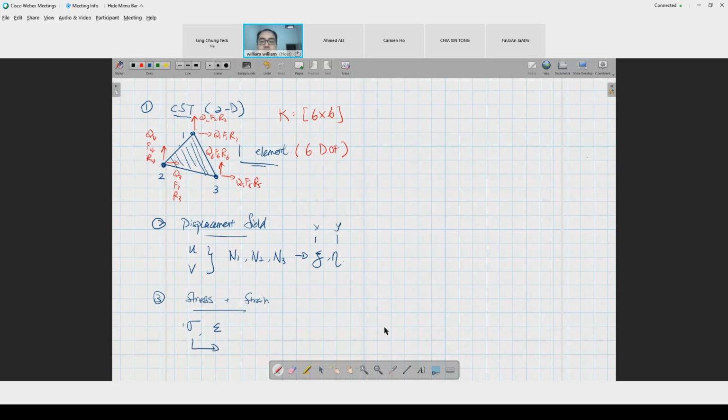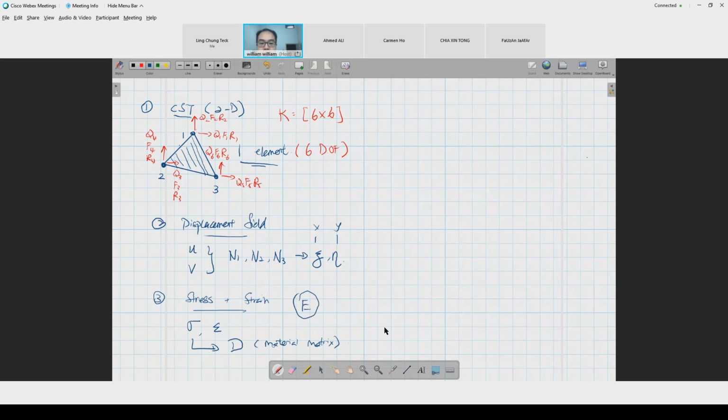The different thing about the stress and strain for CST is you have the term D, which is called your material matrix. If you look at the standard elements that we have studied so far, usually we only define in terms of E, which is your Young's modulus or modulus of elasticity. Whereas for CST, we have a matrix known as the material matrix.